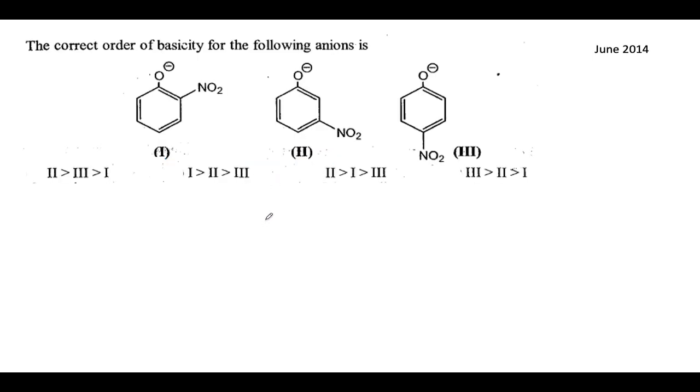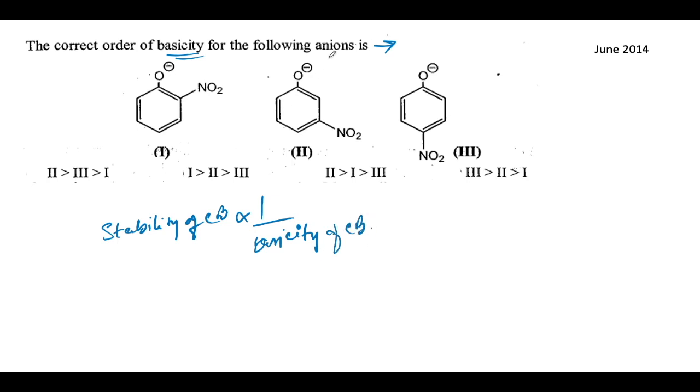Moving onwards, the correct order of basicity for the following anions. Order of basicity of the following anions. So we once again discuss the same concept, that is the stability of the conjugate base. This is going to be inversely proportional to the basicity. The anion has definitely come from a phenol. For example, let's say it is ortho-nitrophenol.